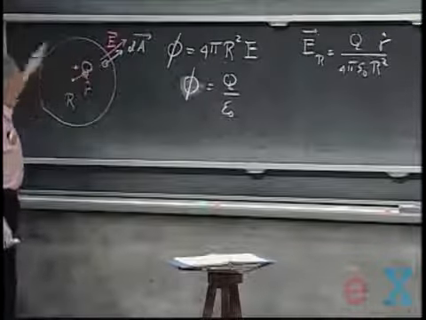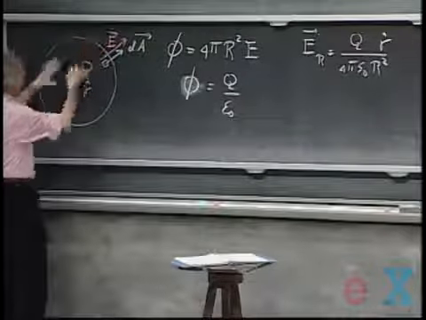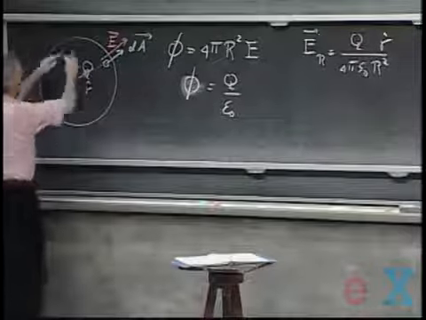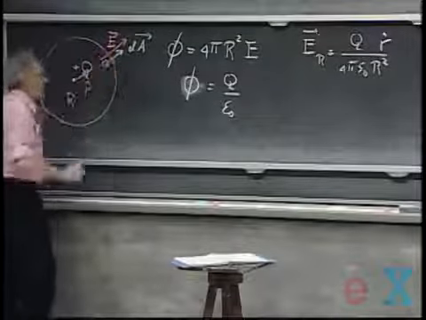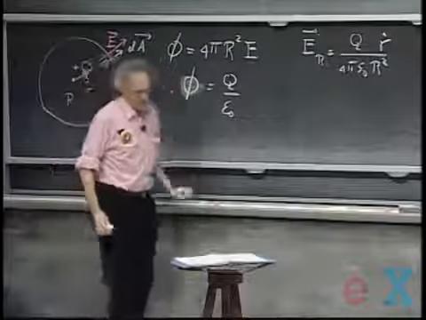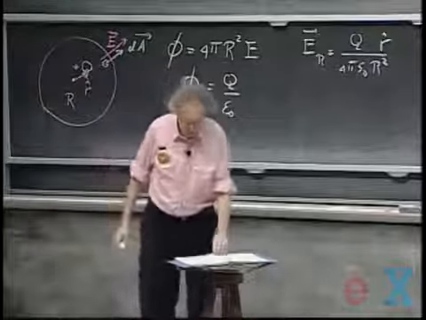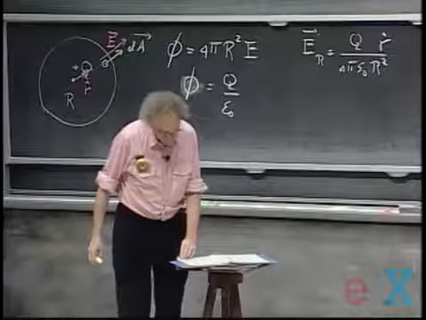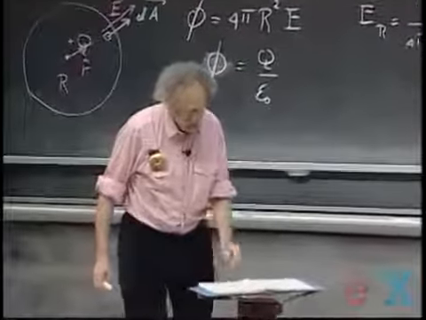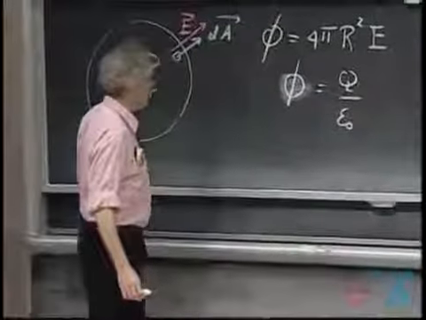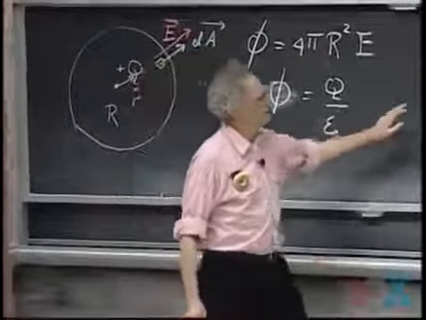And that's not so surprising, because if you think of it as air flowing out, then all the air has to come out somehow, whether I make the sphere this big or whether I make the sphere this big. So the flux being independent of the size of my sphere, the flux is given by the charge, which is right here at the center, divided by epsilon 0.